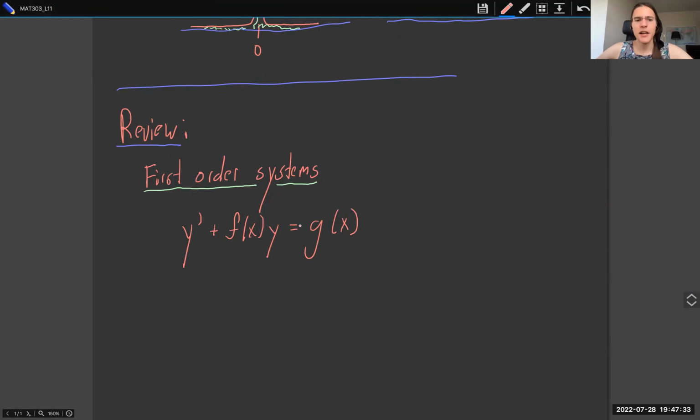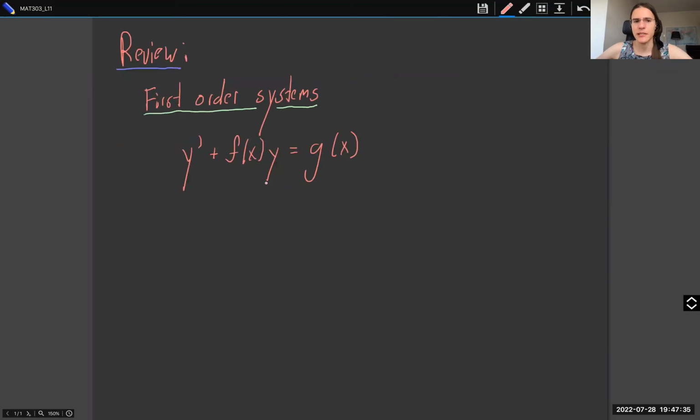But sometimes we're going to write this differently. Sorry, never mind, ignore that. That's a linear system. The general first order system looks like y prime is equal to f of x, y.